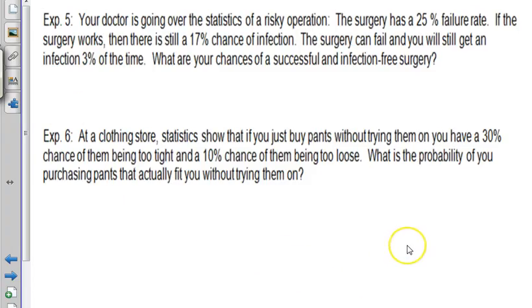Okay. Your doctor's going over statistics of a risky operation. Oh, this question just kind of hurts. Surgery has a 25% failure rate. If the surgery works, there's still a 17% chance of infection. The surgery can fail and you can still get an infection 3% of the time. What are your chances of a successful infection-free surgery?